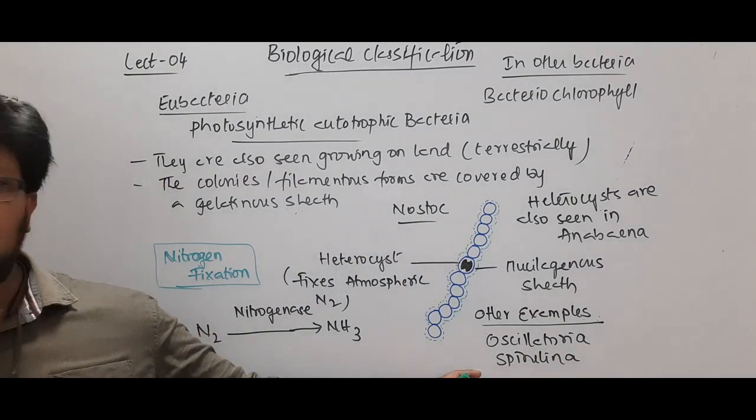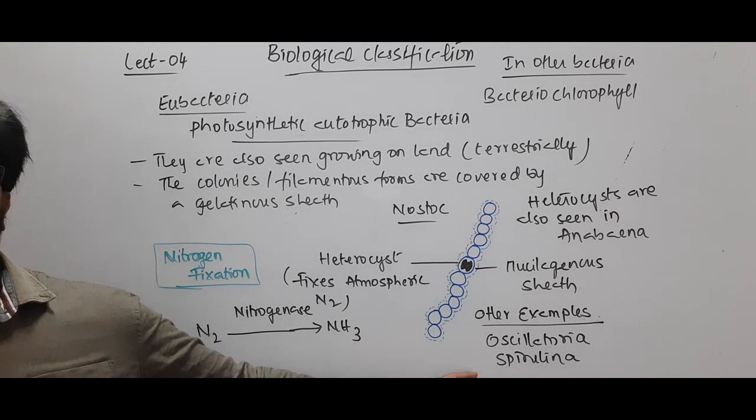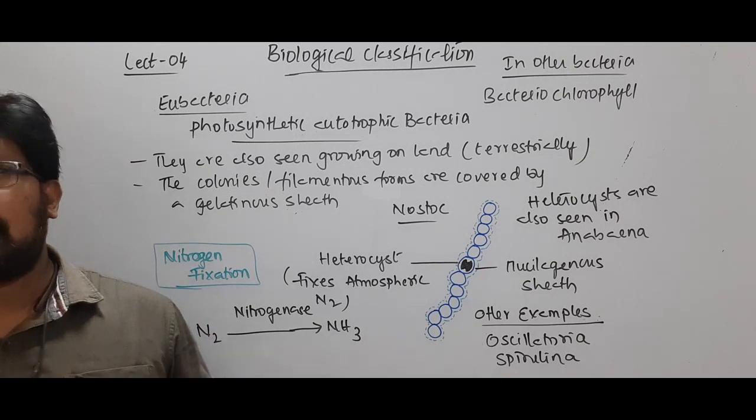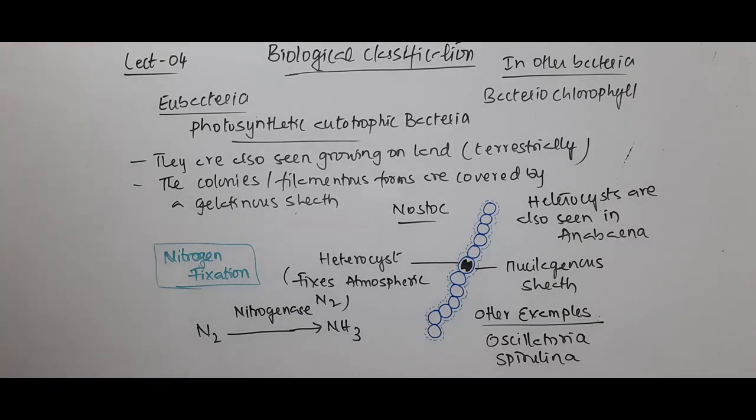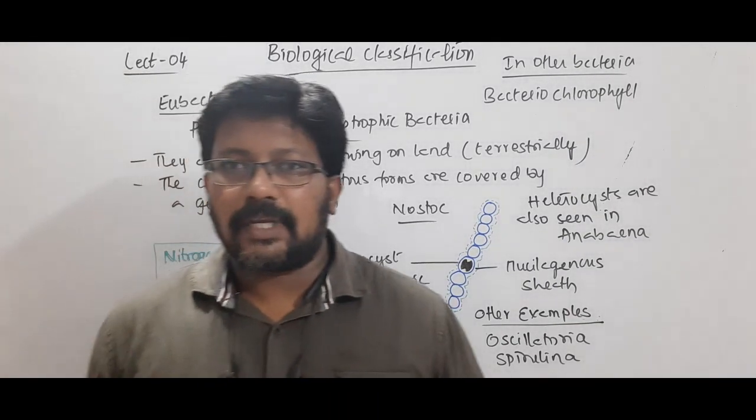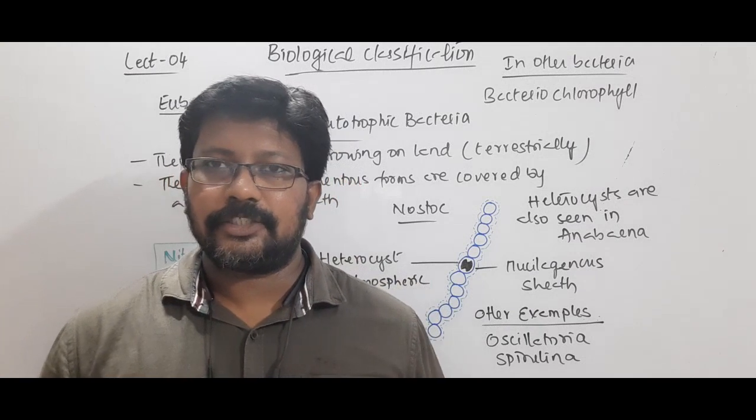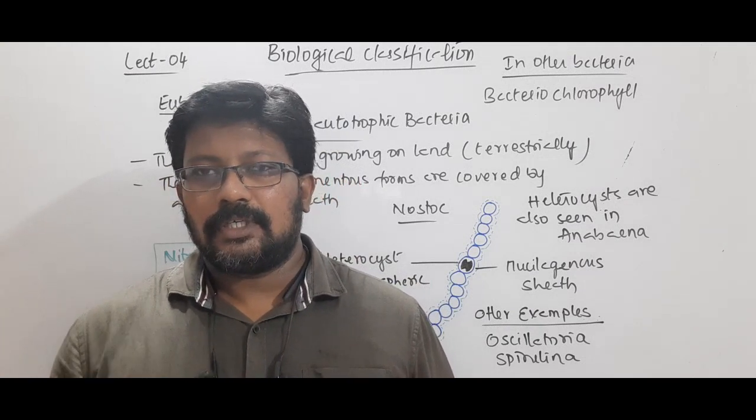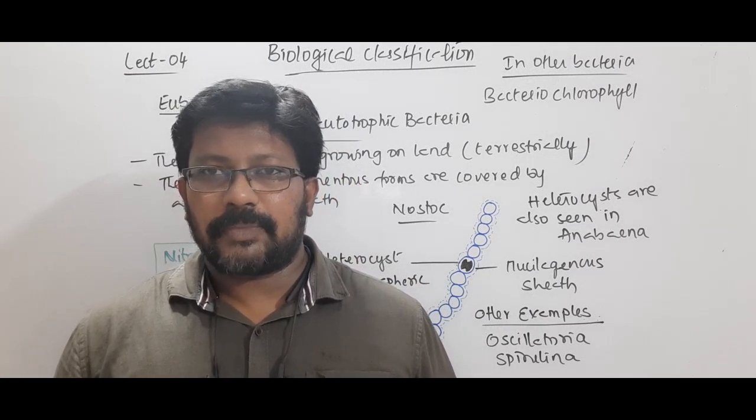This Spirulina is edible. Humans eat this Spirulina, so it's an edible cyanobacterium. So that's about photosynthetic autotrophic bacteria. Right, with this, I will end today's session. In the next session, we will see about the chemosynthetic autotrophic bacteria.